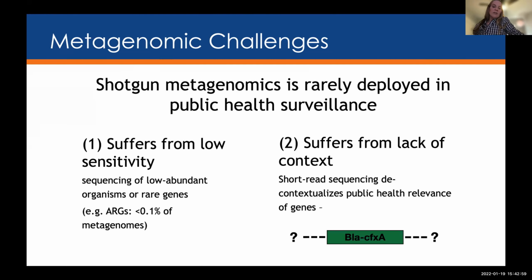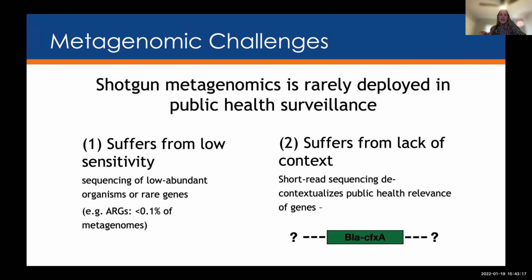The second issue with metagenomics is that it suffers from a lack of context. Shotgun metagenomics is often paired with short read sequencing, which requires the DNA to be highly fragmented.